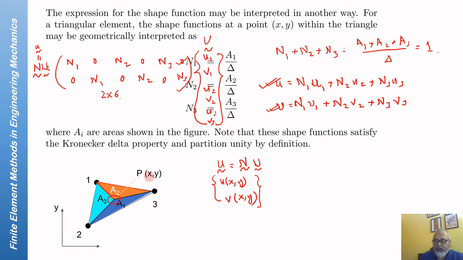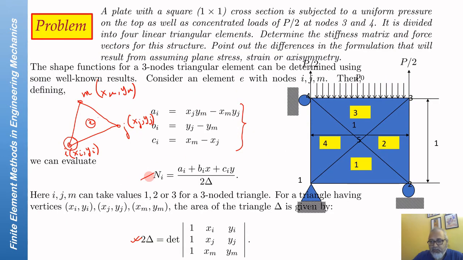But before writing them down, let us take some actual values. Let us take element number 1. Let us call this local node 1, local node 2, and this is local node 3. Local node 1 has coordinates 0 0, local node 2 has coordinates 1 0, and local node 3 has coordinates half half for this particular element 1.